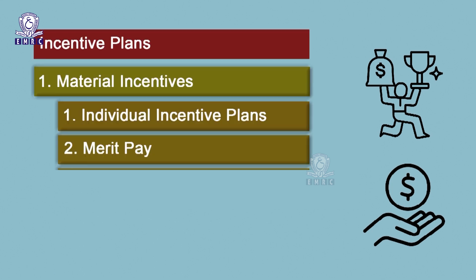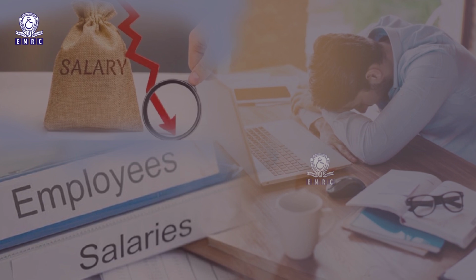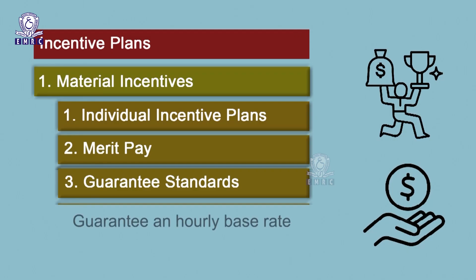Another aspect that comes under material incentive is guarantee standards. View the standards as a contract with your employees. Once the plan is operational, great caution is to be used before decreasing the size of the incentive in any way. So, rate cuts have long been the nemesis of incentive plans. So, guarantee an hourly based rate.